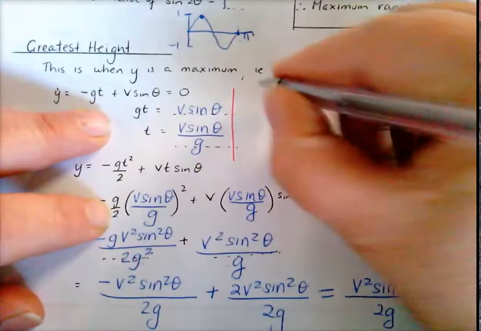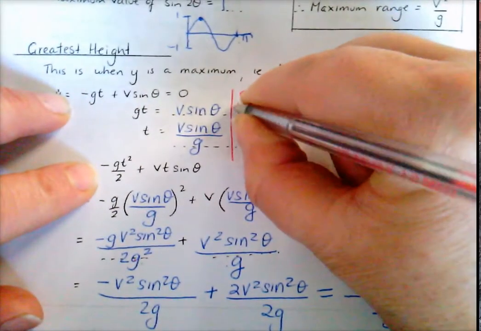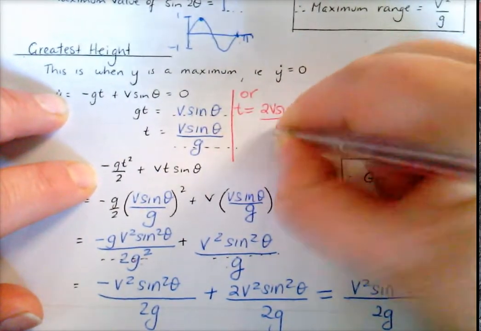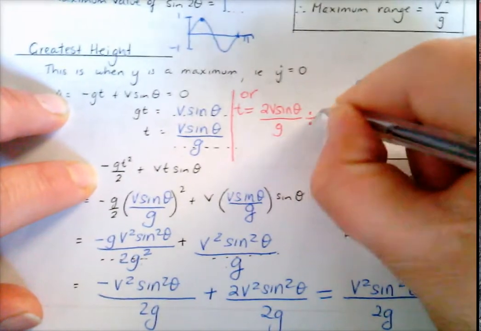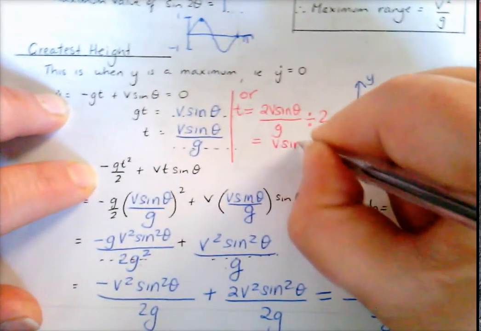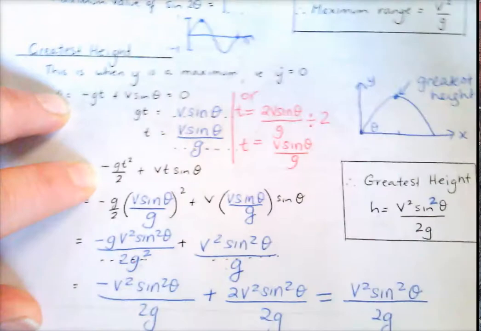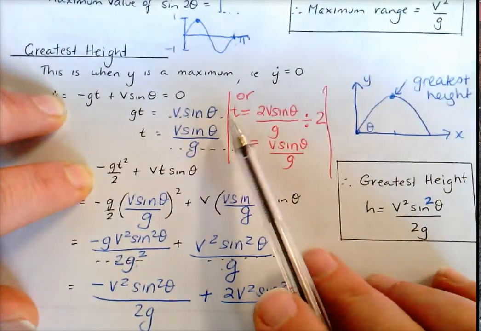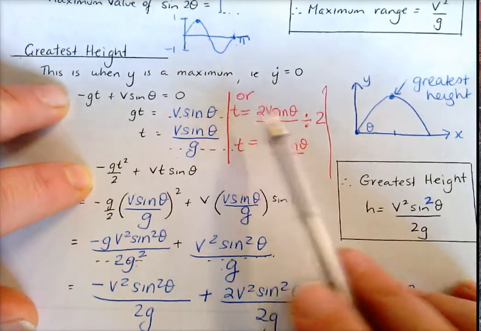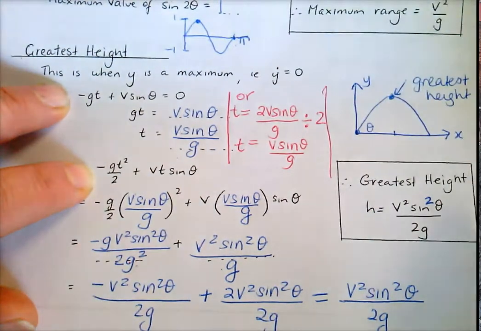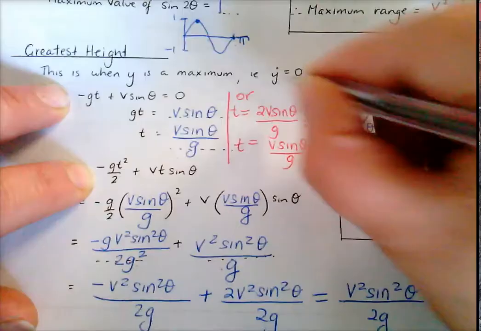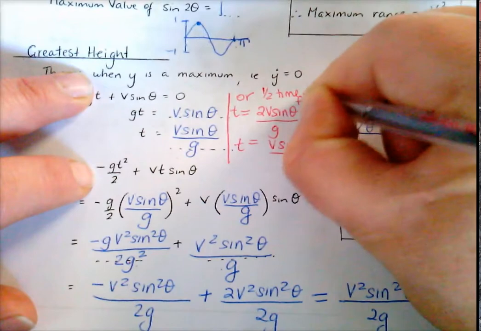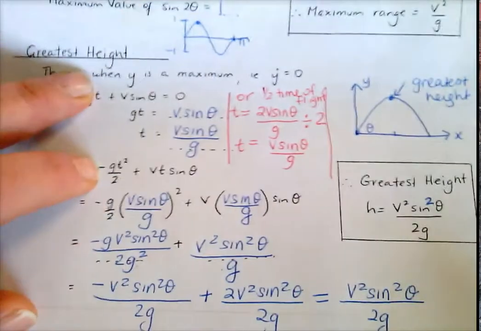Instead of this first step, you can say time to reach greatest height is 2v sine theta on g divided by 2, which is v sine theta on g. That is from part 1 above, from the time of flight. So the time to reach the greatest height is half the time of flight.